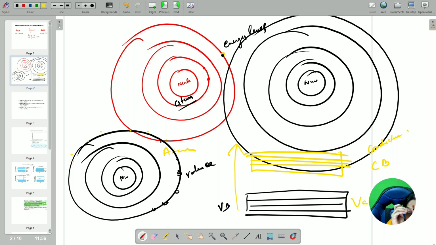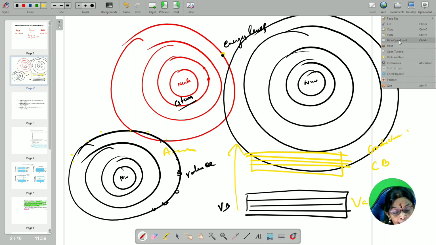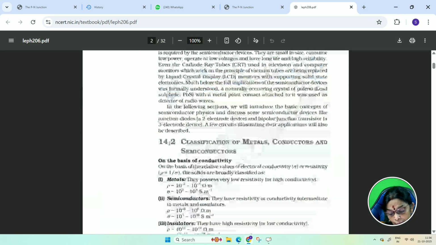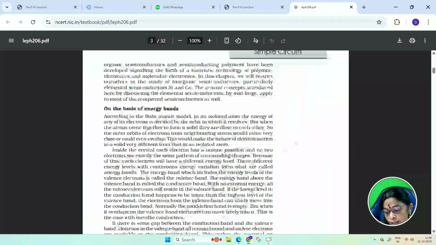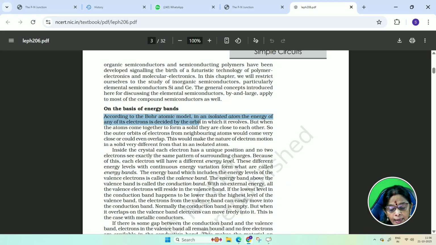Let us see this in the NCERT textbook. Due to that, it forms a group. According to the Bohr atomic model, in an isolated atom, the energy of any of its electrons is decided by the orbit in which it revolves.